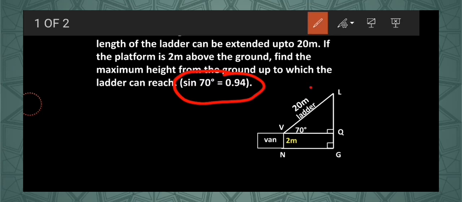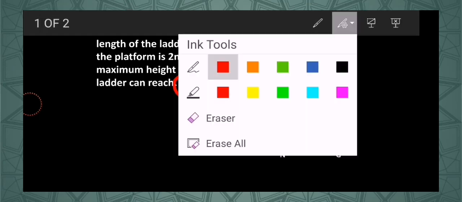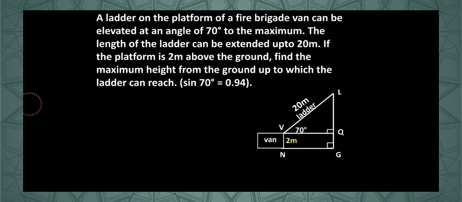This is the hypotenuse and this is the opposite for the 70 degrees. We have to consider the triangle and apply the sine 70 trigonometric ratio to find the LQ, and that will be our second step of the action plan. The sum itself has given us the clue for the second step. I guess I am very clear with the steps and we are ready to move ahead.